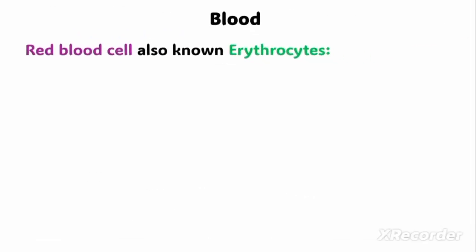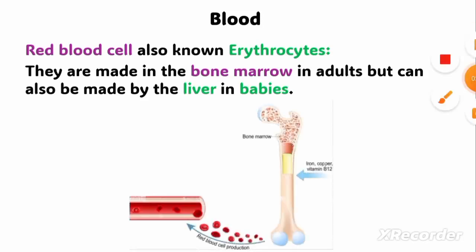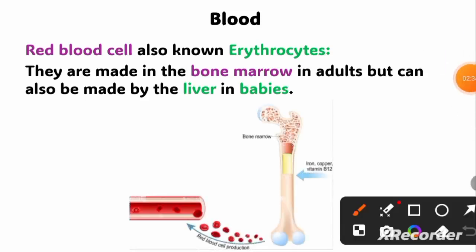So where are red blood cells made? Red blood cells are made in the bone marrow in adults, but can also be made by the liver in babies. We have the diagram here trying to illustrate what we are talking about.